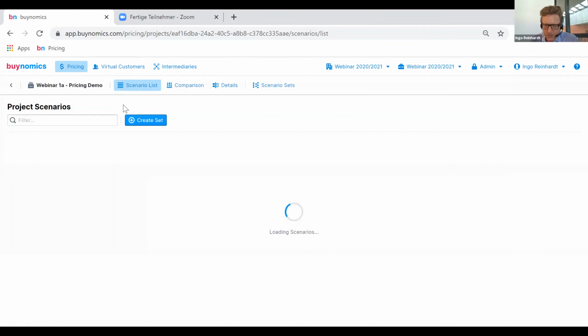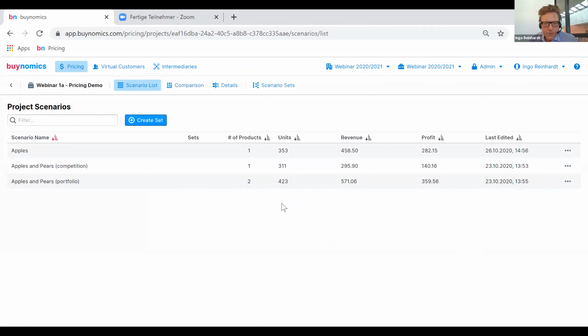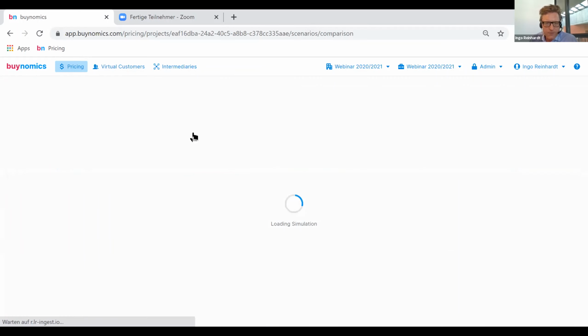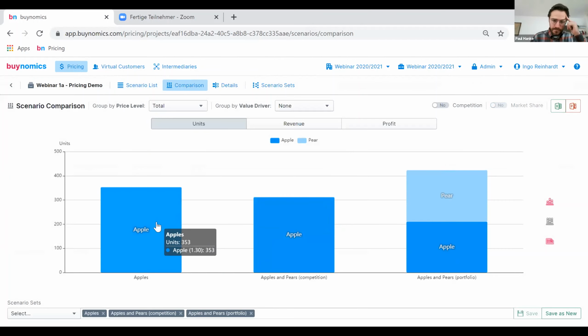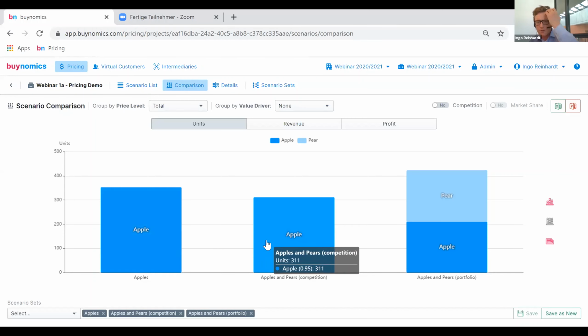And just looking at the time, I want to wrap this up. We can look at different cases. We had the first example where only we were selling apples. We saw that in the optimum we were selling at 130 and sold 353 units. In the case with the competitor, we were selling at 95 cents.